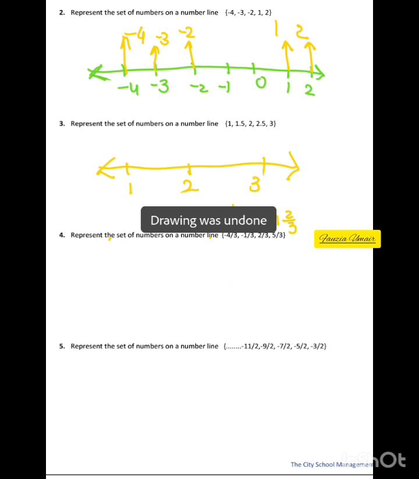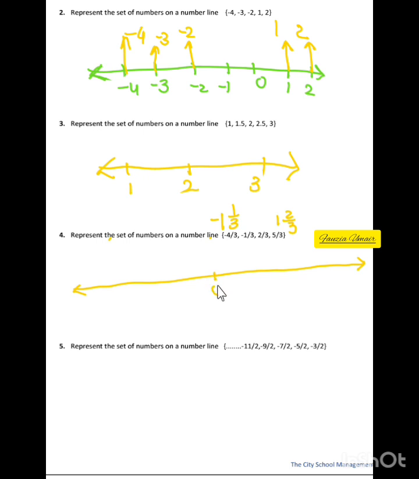Let me draw a more proper line. Let's say this is my number line. So 1 whole 2/3 means that I need to go till 2. If this is 0, this is 1, and this is 2. Similarly, this is -1, this is -2. That is where all my data will lie.